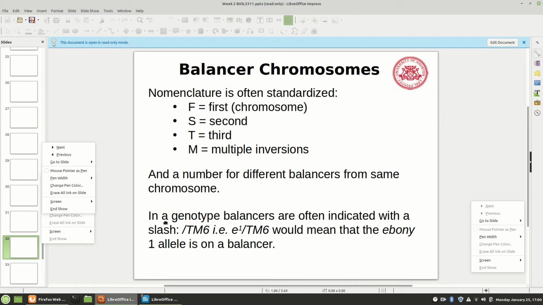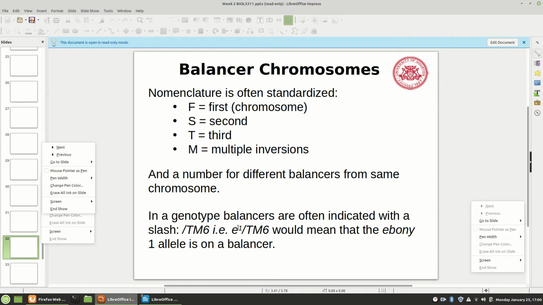The number distinguishes different balancers for the same chromosome. For instance, if a genotype has a slash, here we have this TM6. Here we have E1 slash TM6, which would mean that the ebony 1 allele is on a balancer. E1 is ebony. It's a recessive trait because it's a small letter.